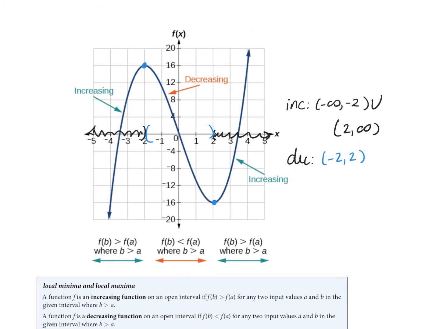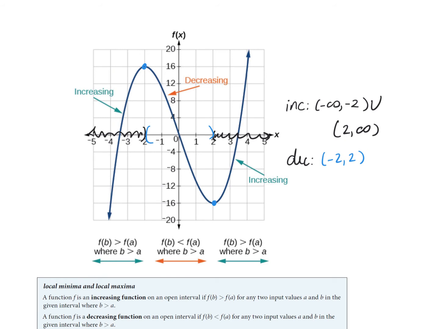If I wanted to know where my local maxima or minima are, if any, where it happens and what it is, I don't give it as an ordered pair. Don't give this as an ordered pair because it makes no sense, especially if it's an application.